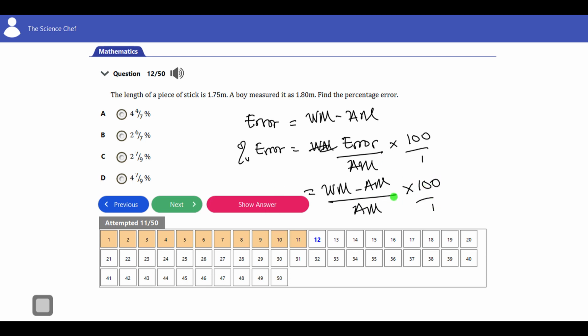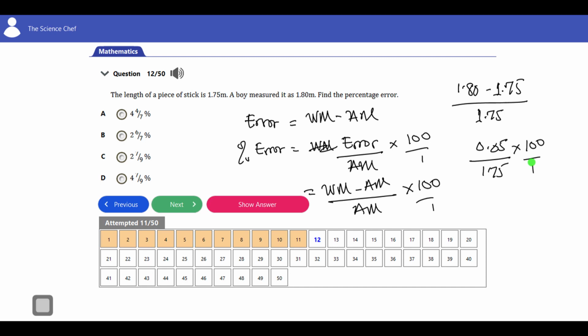So if you substitute the values into this formula, the wrong measurement is 1.8. So 1.80 minus the actual measurement, 1.75, all over 1.75. This gives us 0.05 all over 1.75 times 100 over 1.